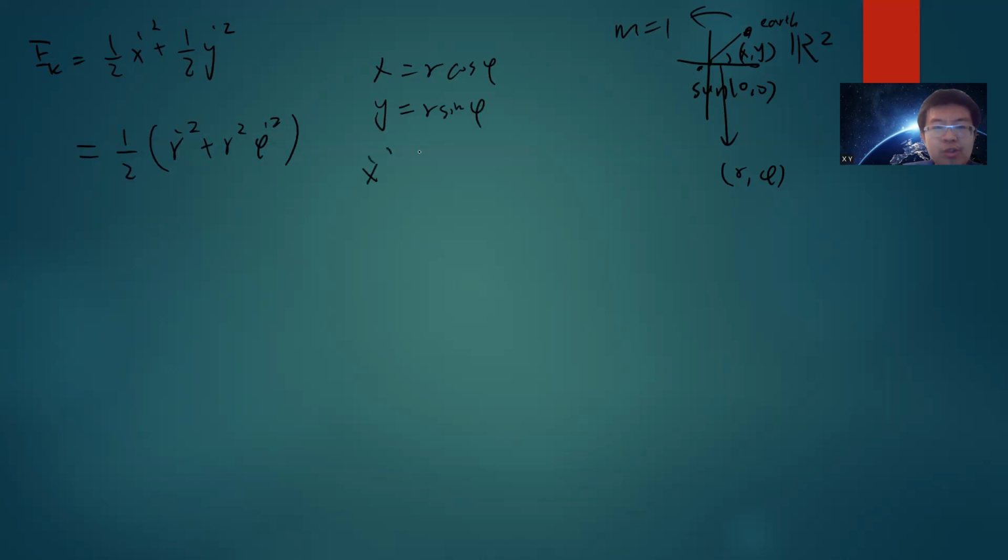The x dot will be r dot cosine phi minus r phi dot sine phi. Sorry, it's r. And the y dot is r dot sine phi plus r cosine phi dot. You just sum the squares, and you will see the cross term cancels, and you can prove this.